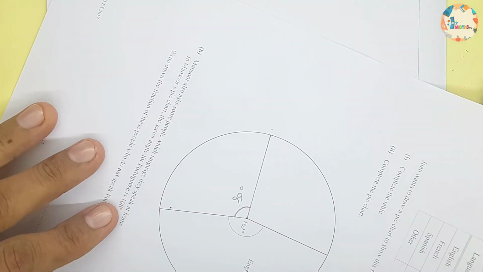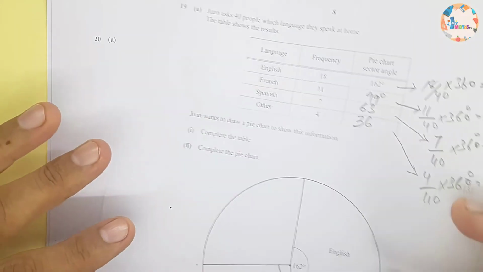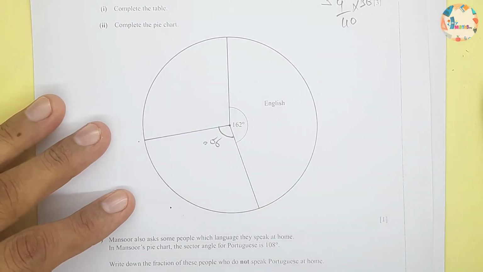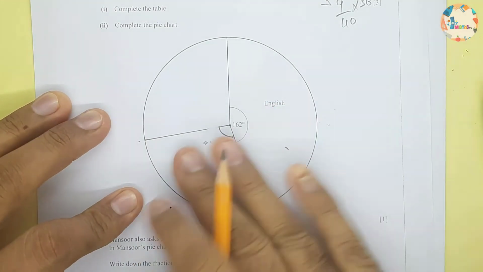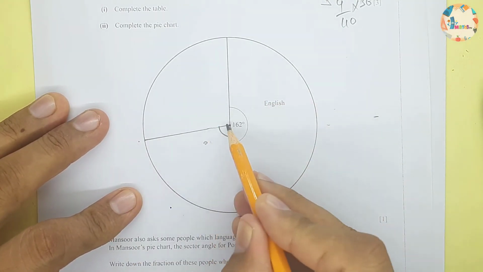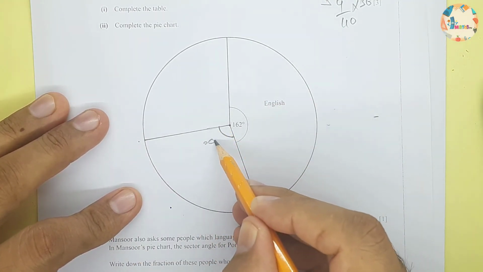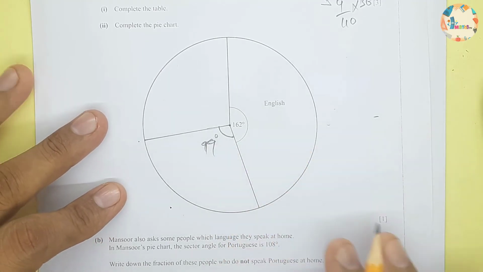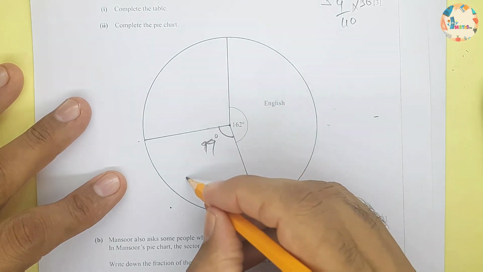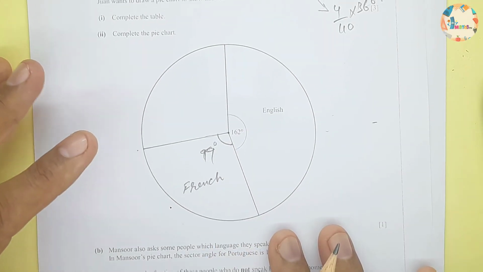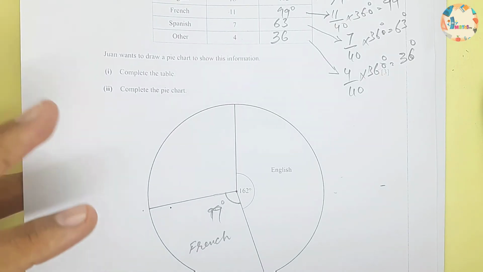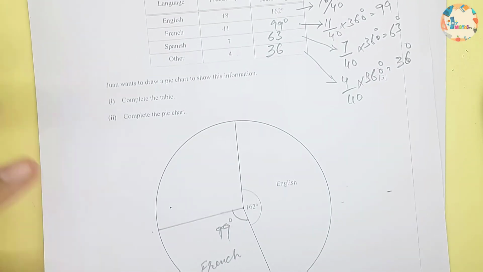I will erase because I have inverted the page, so it's looking like 66. Okay, so this is 99 degrees, and 99 degrees is for French, so we can write here French. Then next required is 63 and 36.